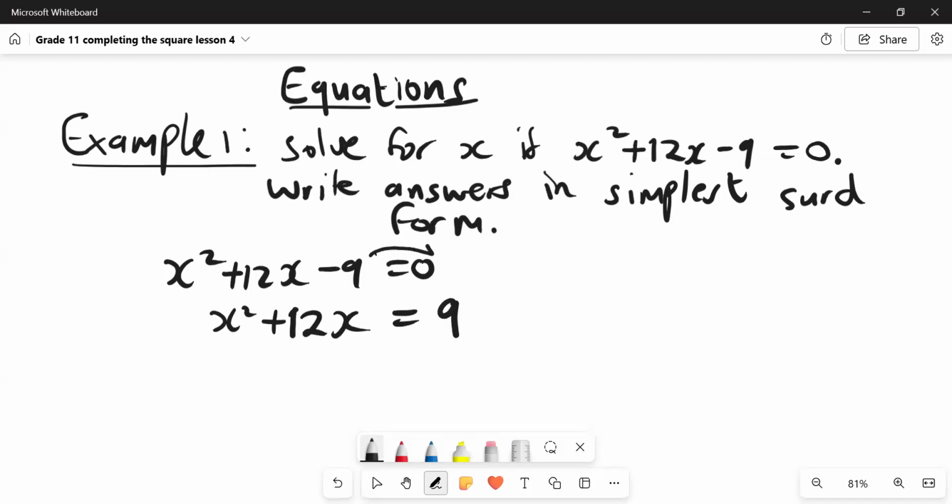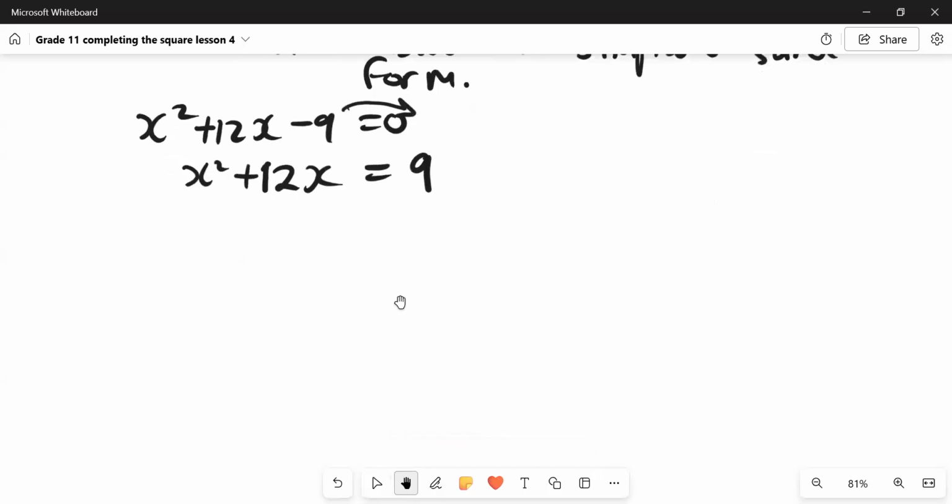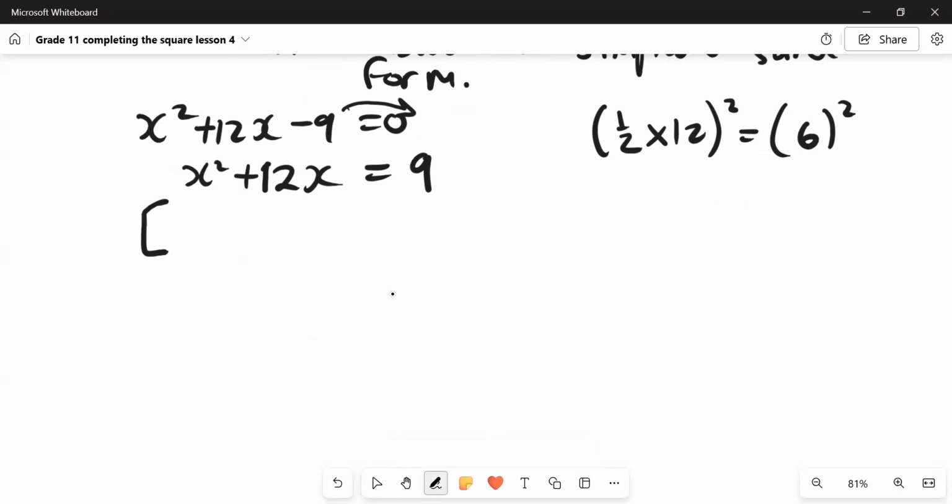We are transposing this, moving to the right hand side. And then step number 3, you introduce half. You multiply the middle term by half and then you square. So you'll have your 1 over 2 times 12 and then all squared. This will give us 6 squared. Right? And then introduce your brackets there. You have your bracket, then this is x squared plus 12x.